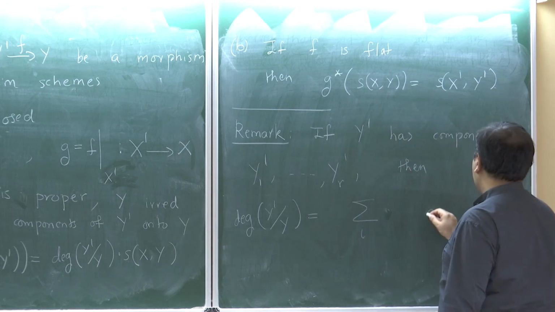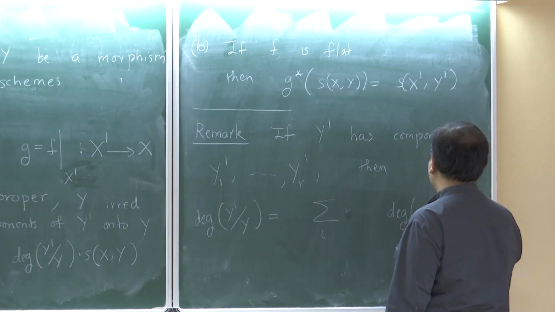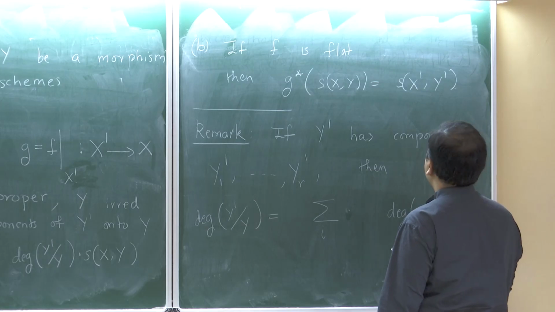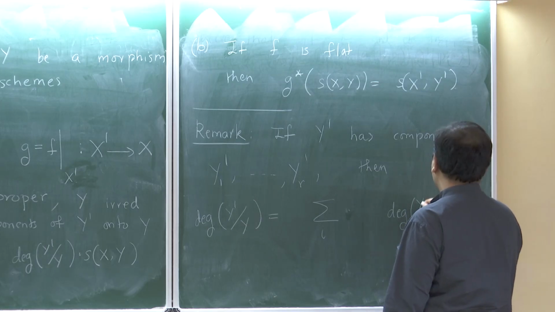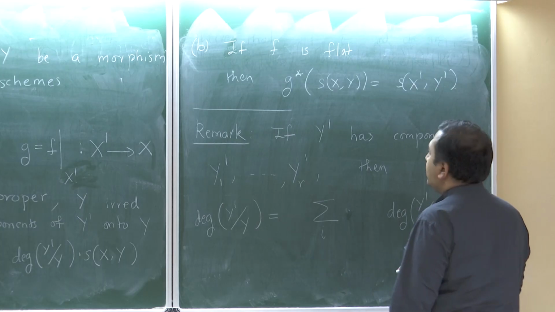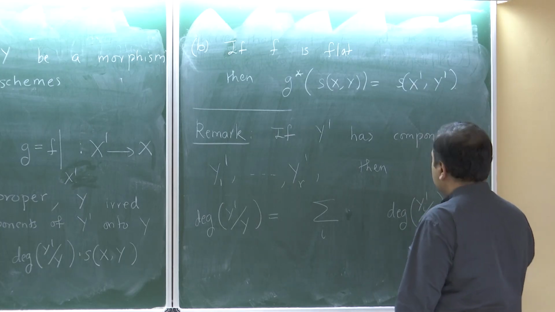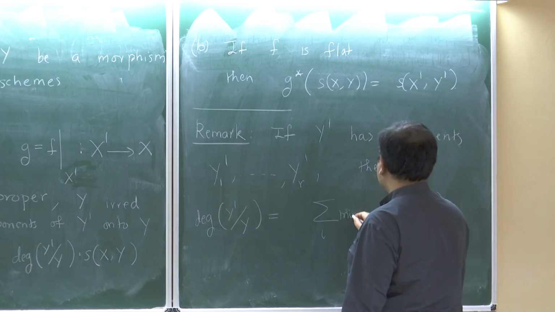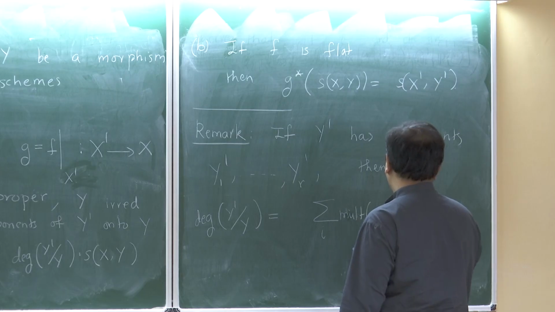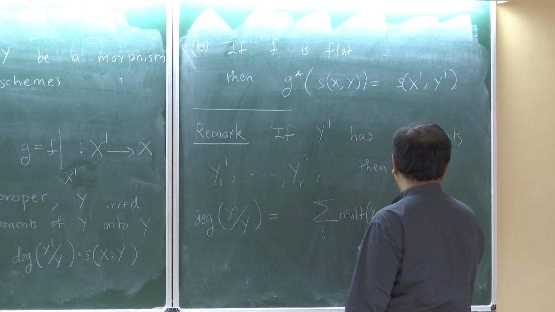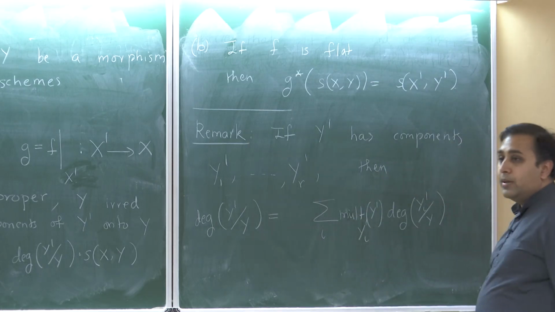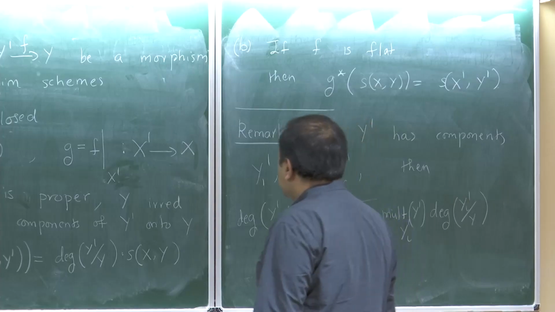What you would want to do is the degree of Y_i prime over Y, but then you also have to multiply by the multiplicity of Y prime at Y_i prime.